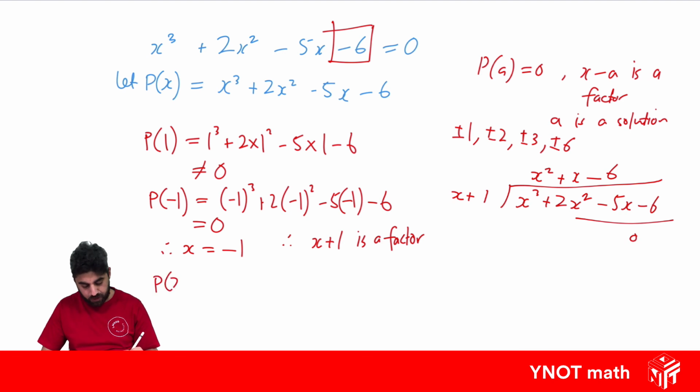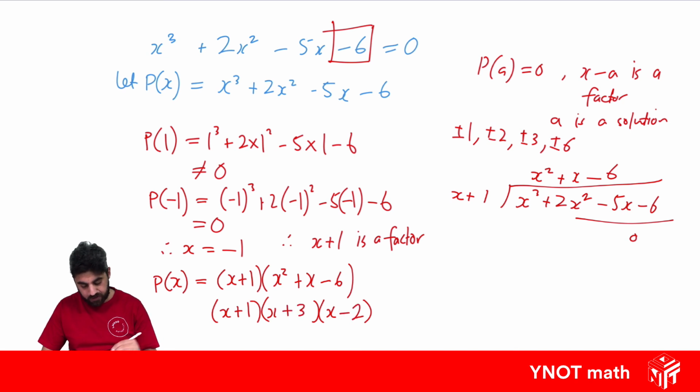That means our polynomial could be written as (x plus 1) times (x squared plus x minus 6), and we can factorize that quadratic. Looking for two numbers that multiply to negative 6 and add up to 1, we should get plus 3 and minus 2, which means we can easily find our solutions for x being minus 3, minus 1, and 2.